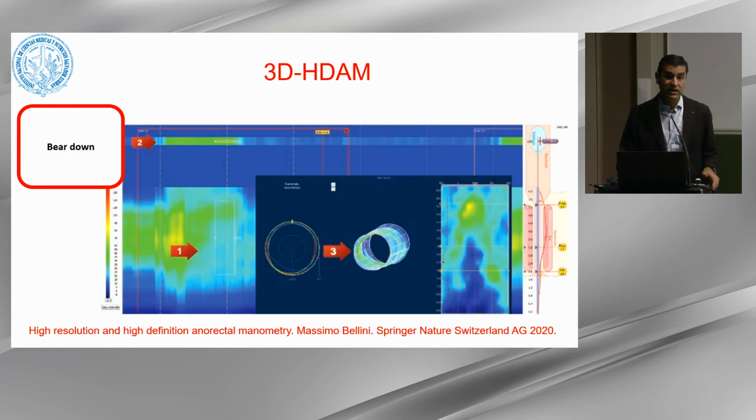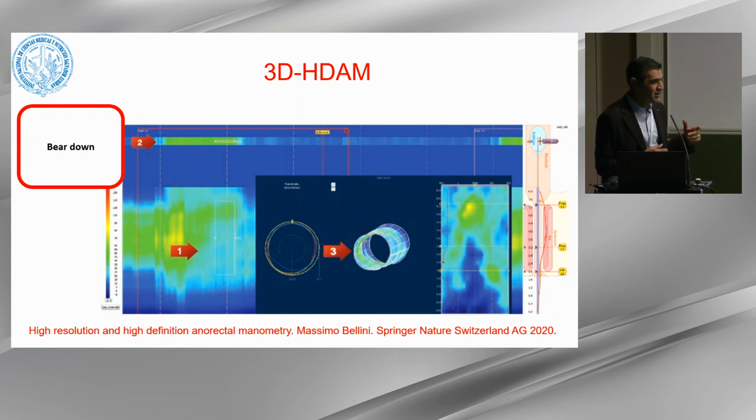We can also assess this bear down maneuver, and we can see nicely how it's relaxing, but something that I think Adil has been telling us in previous studies is that with this technology, with so many sensors in the anal canal, the relaxation is not as we figured it out in the past, it's not complete. It's making some relaxation, but it's not entirely relaxing.